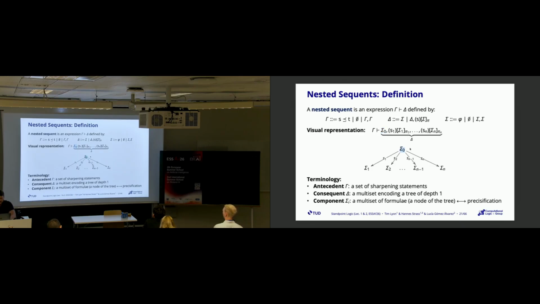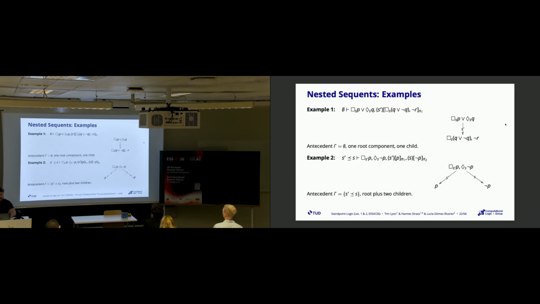This serves as the so-called root component of this tree. And then each nesting can be thought of as representing an edge that is tagged with a standpoint symbol to this particular child's multi-set, all the way up until n. So this is the structure of a nested sequent. It's called a nested sequent because we have these nestings that have these multi-sets occurring inside of them.